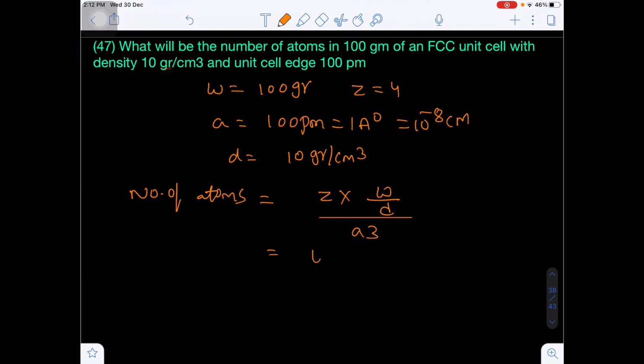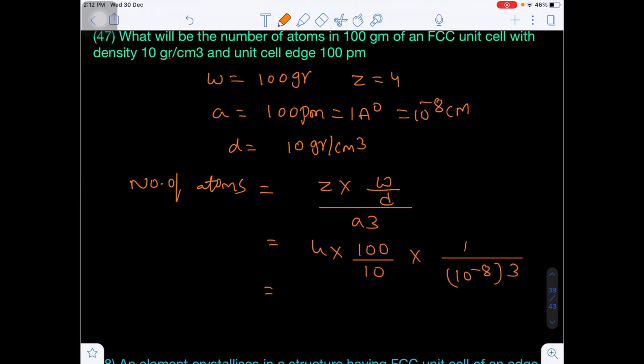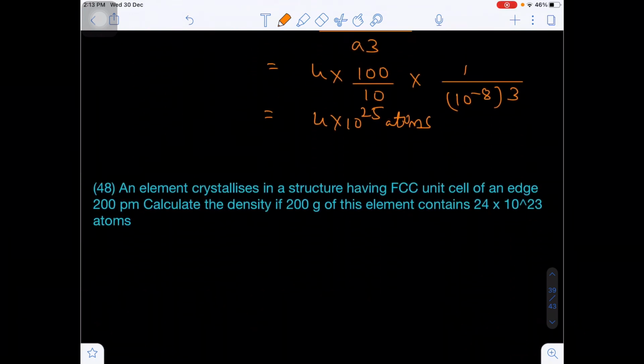So how many atoms will be present here? 4 into weight of the element 100, divided by the density 10, into 1 by the volume of the unit cell, that will be 10 to the power minus 8 whole cube. So finally the total number of atoms will be 4 into 10 raised to 25 atoms.